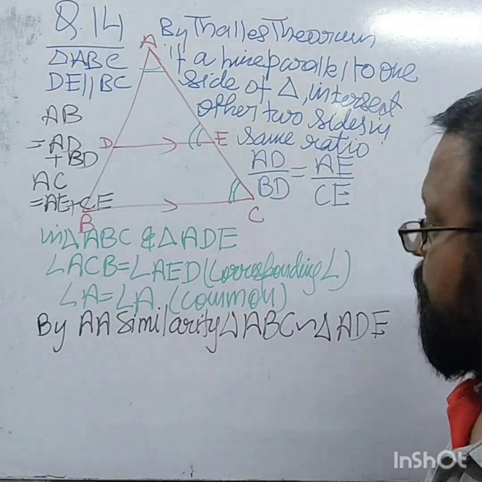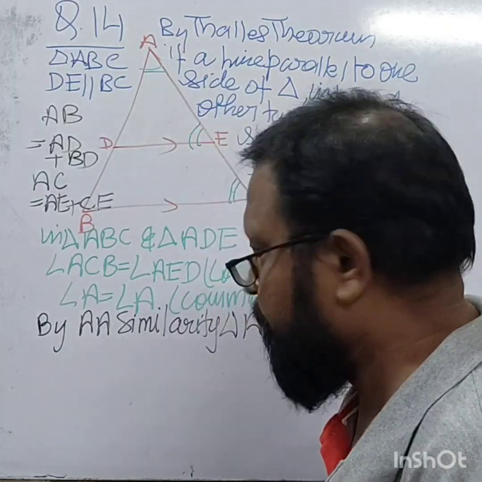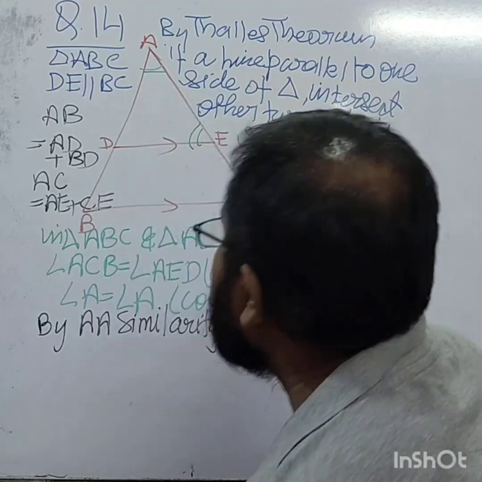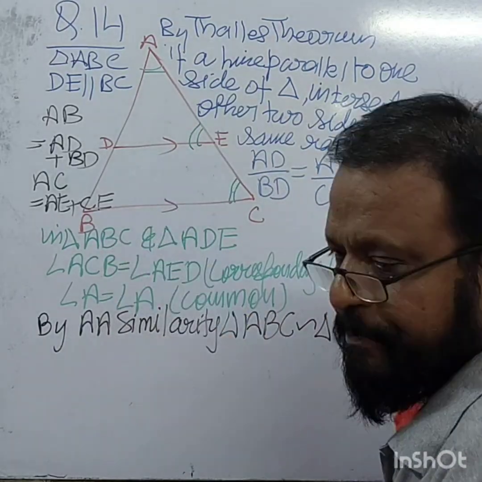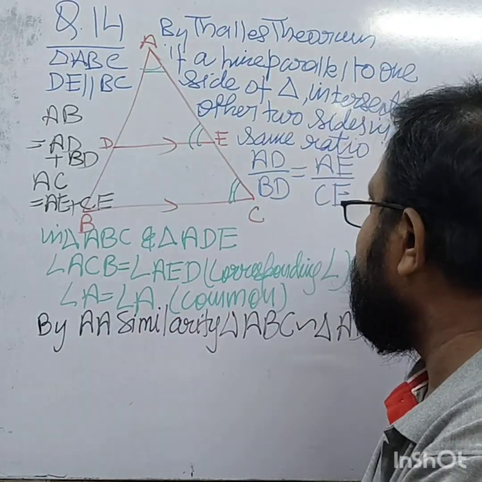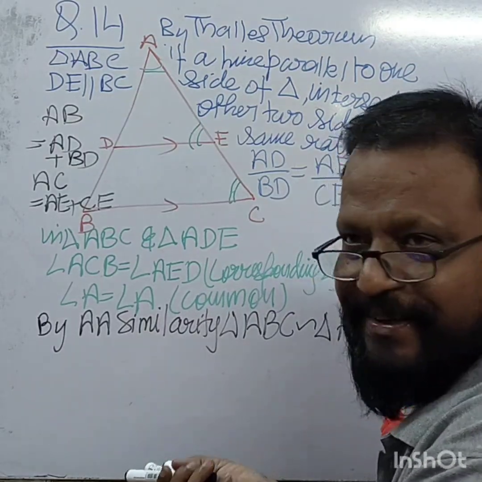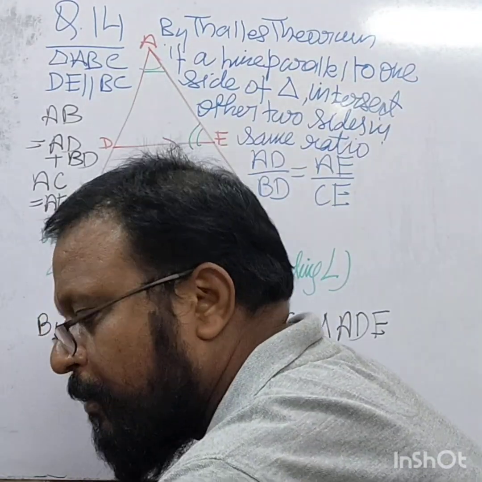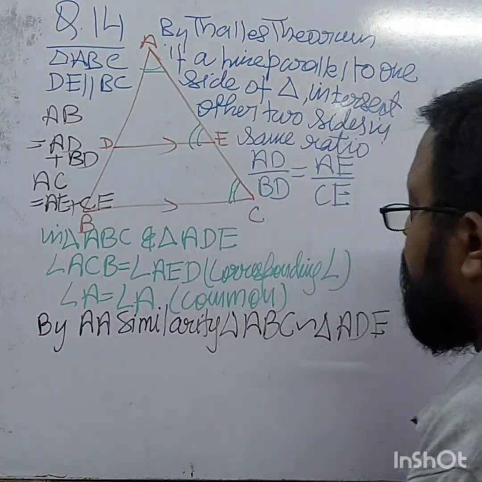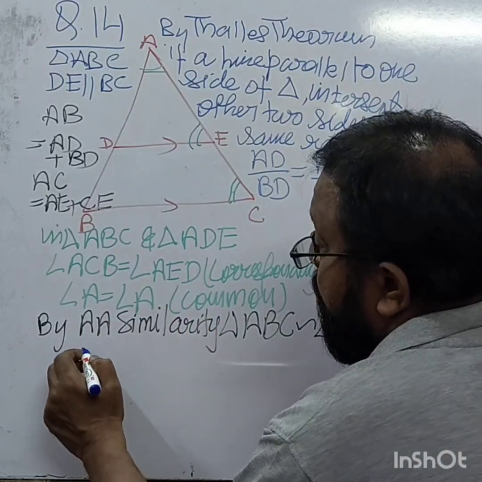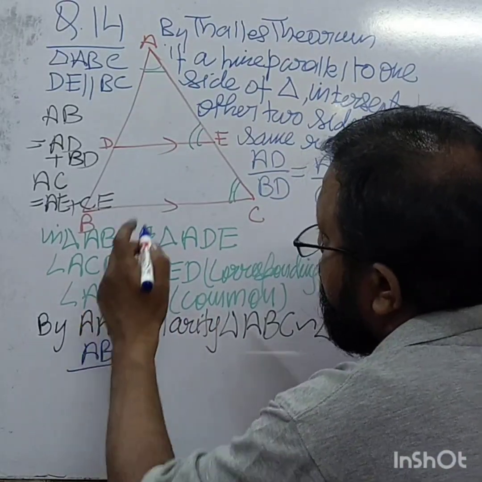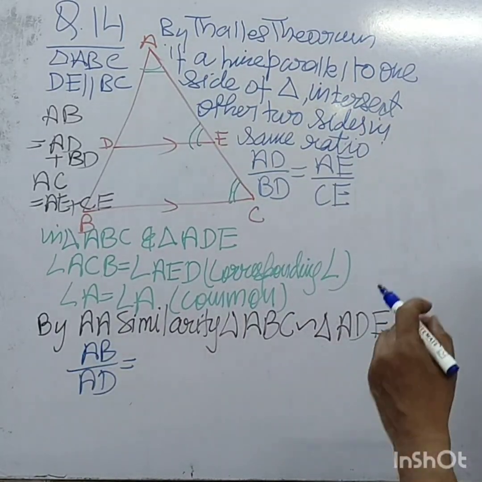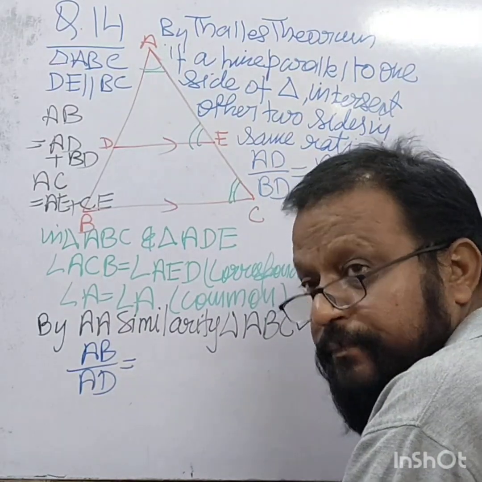Is it? So what do you want? Find the ratio between DE and BC. Very nice. Something is given to you. We come to this. So now you can write AB upon AD is equal to what?